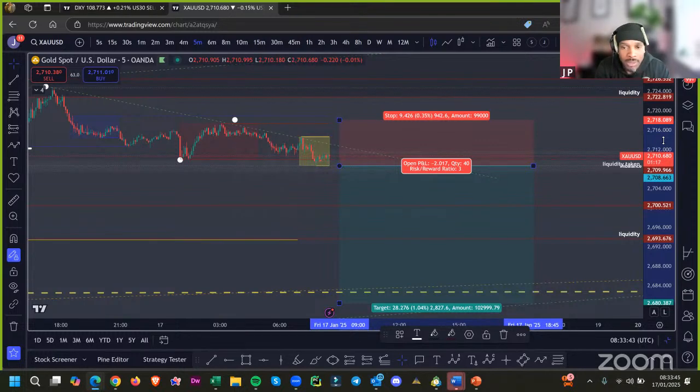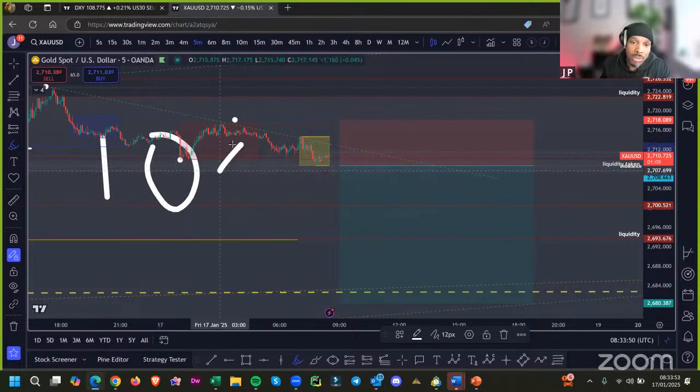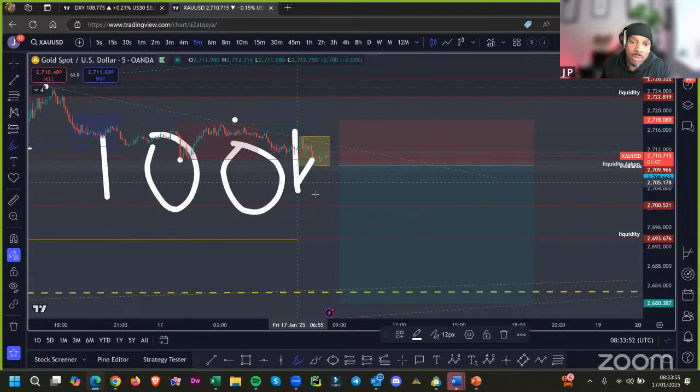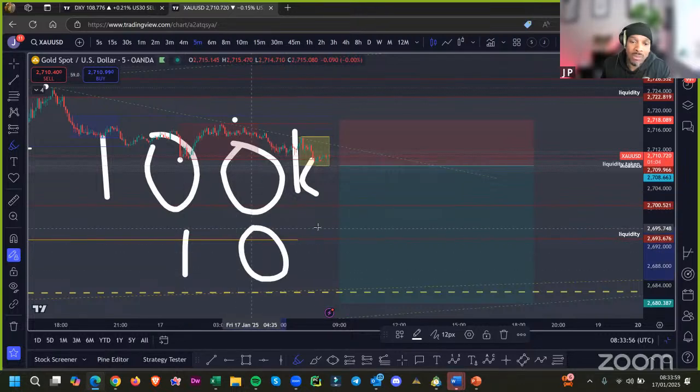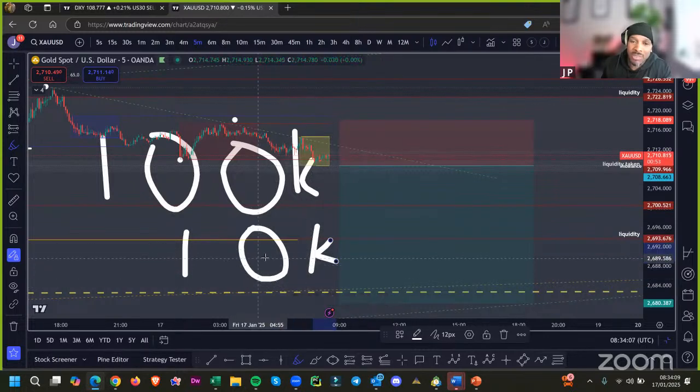All right. So say for example, I'm using the example of a 100K account. On a 100K account, you can only lose 10K. So ultimately, you might as well say that you've got a 10K account. You get it? And therefore, when you're taking a trade, if you're only risking 1% of 10K, well, 1% of 10K is £100.